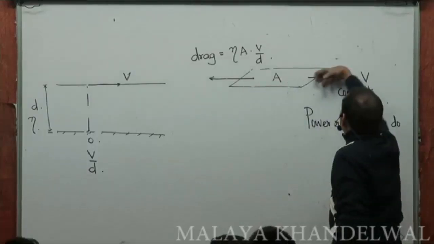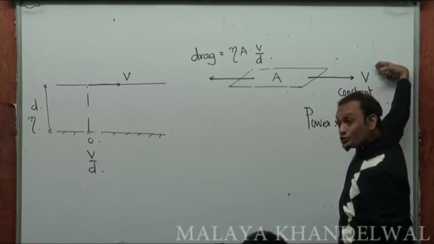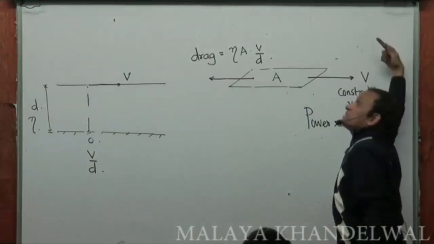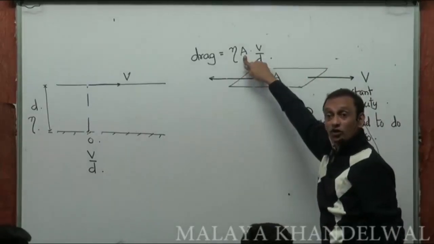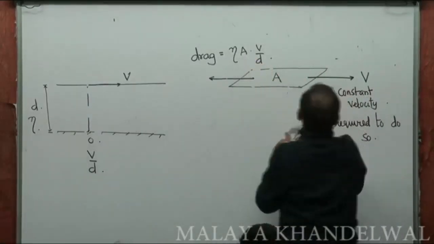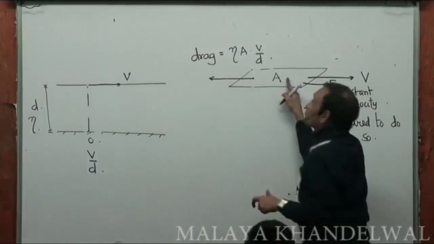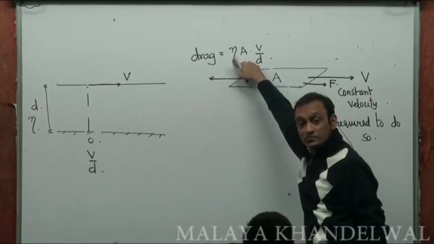Therefore, if I have to maintain a constant velocity on it, I must apply an external force on it. That force must exactly balance the drag so that the velocity is constant. So the external force must be equal to the viscous drag that it experiences.